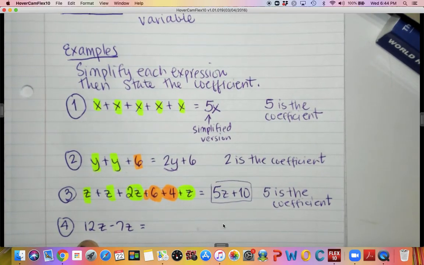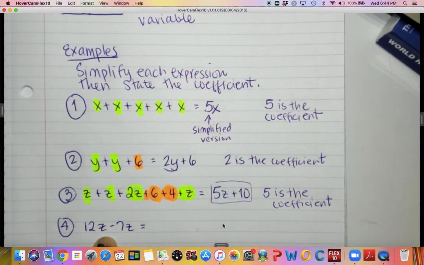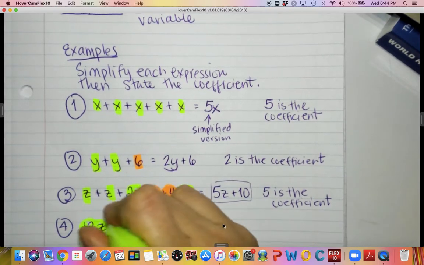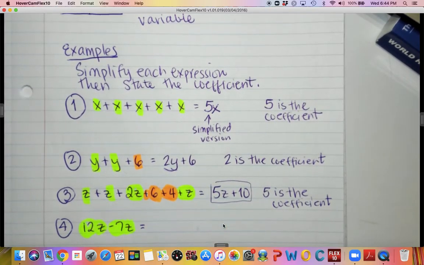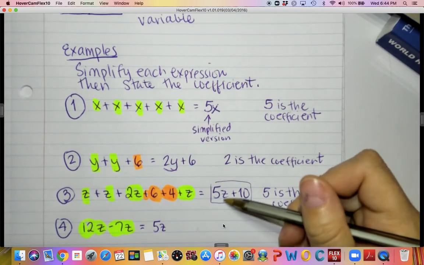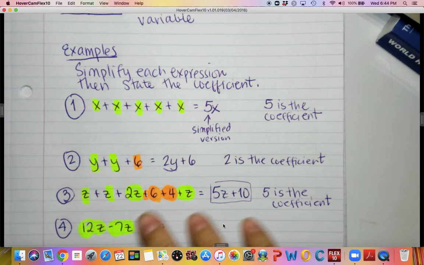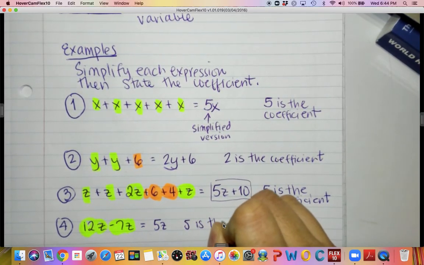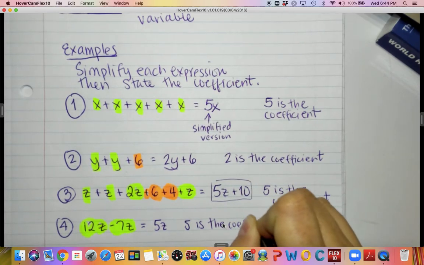So here I have 12z and negative 7z, or 12z minus 7z means the same thing. These are both z's, so they go together. 12 minus 7 is 5z. Look, all of these have 5s. I didn't even plan that. 5 is the coefficient.